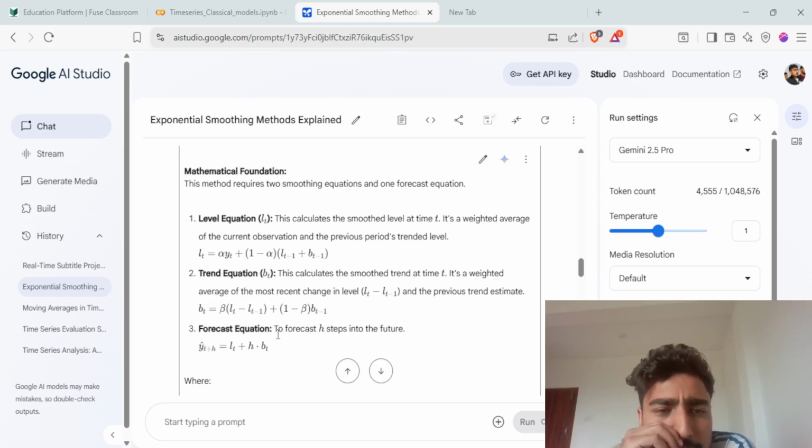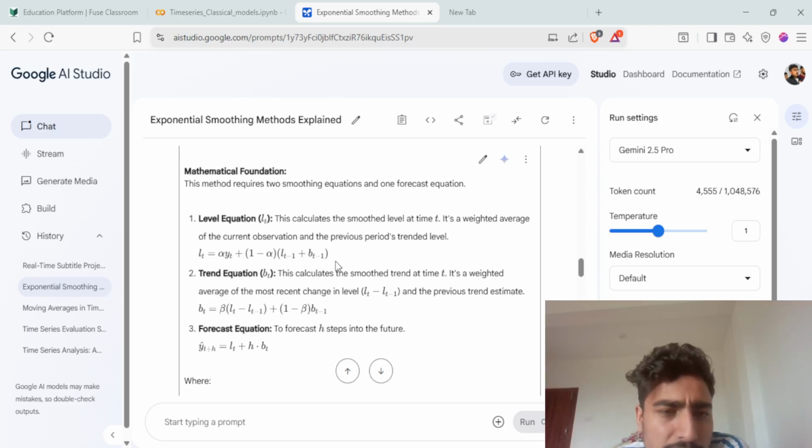The level equation is shown on the screen, not much different from SES. This is the observed value, and this is the smoothing parameter, the same as before. The difference from the above is just the added b(t-1), which is the trend term.